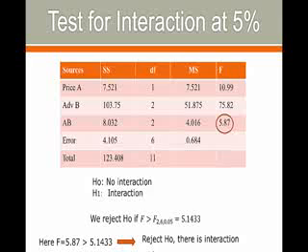There is interaction at 5%. But if I do my calculation at 0.01, F(2,6) at 0.01 is 10.9248. My F from the table now is less than this. I could conclude no interaction. I am between two values. Therefore, my p-value should be between 0.01 and 0.05.